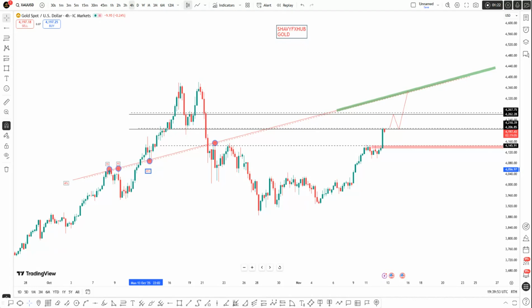RT slash SR 1. Break of structure, retest. RT slash ROS. Technically, here is your new supply roof on that trend.